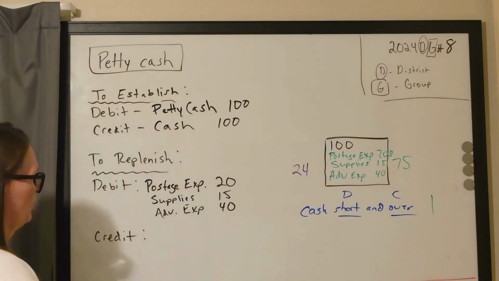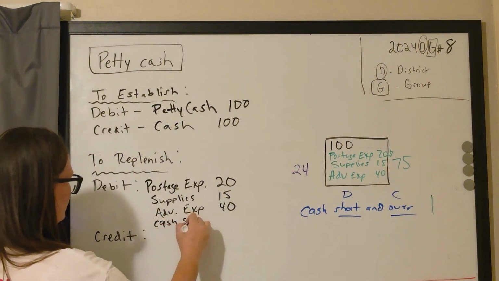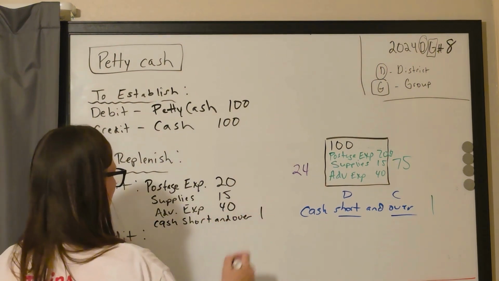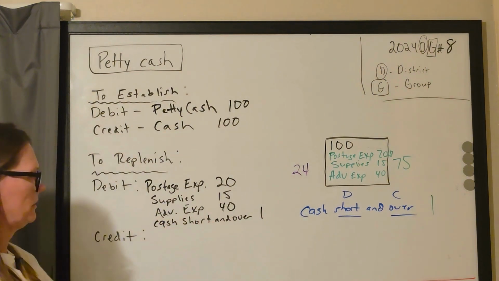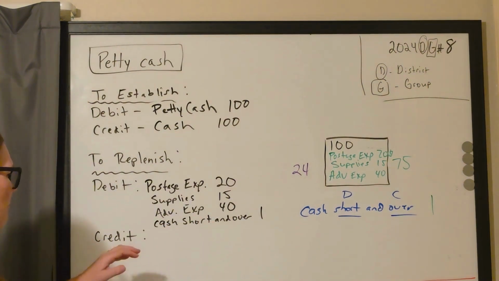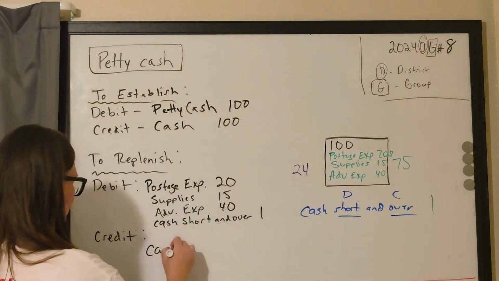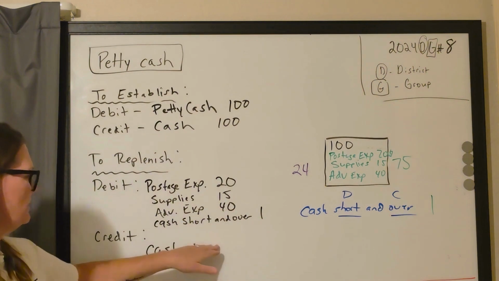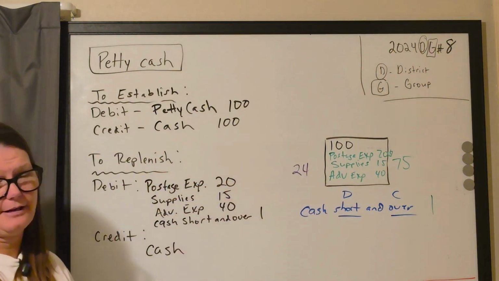And then we're going to debit, because it's short, cash short and over, $1. Now, if it was over, you would be crediting it, but it's short. Now, cash is our credit because we have to put cash back into the petty cash fund. How much cash are we taking out of our bank account to make it 100 again?